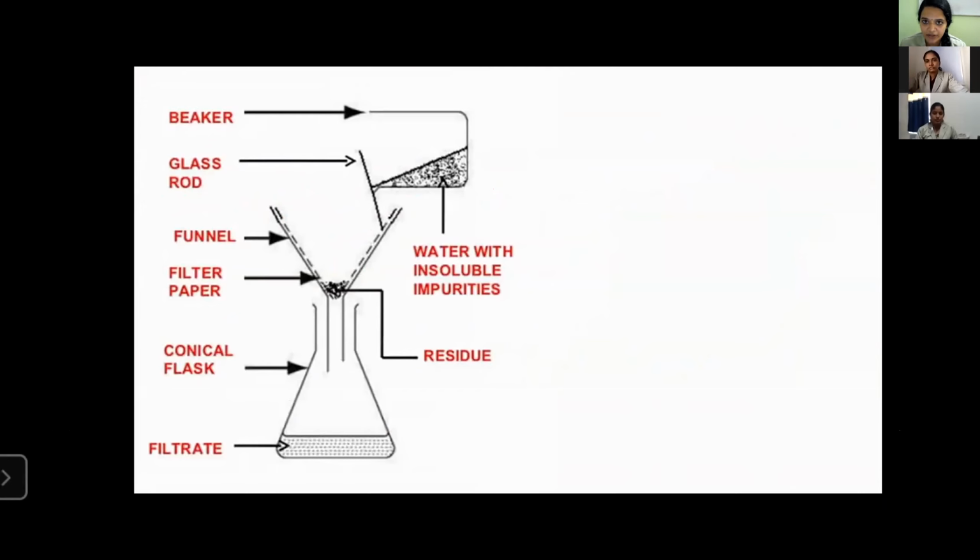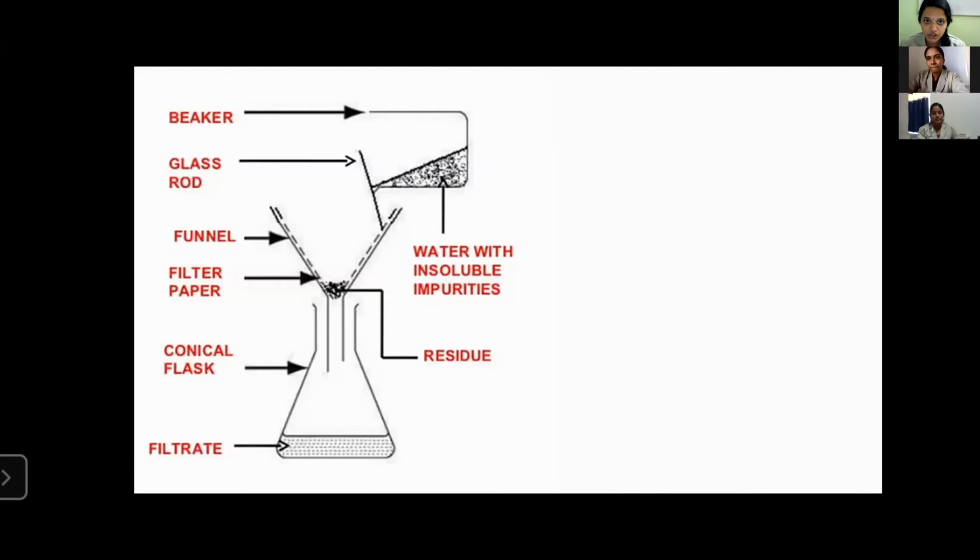Then we take a conical flask. Then we take the beaker, that is the mixture we need to separate, and pour it onto the funnel. And we obtain clear water in the conical flask and the insoluble impurities are present in the filter paper. That is known as residue.